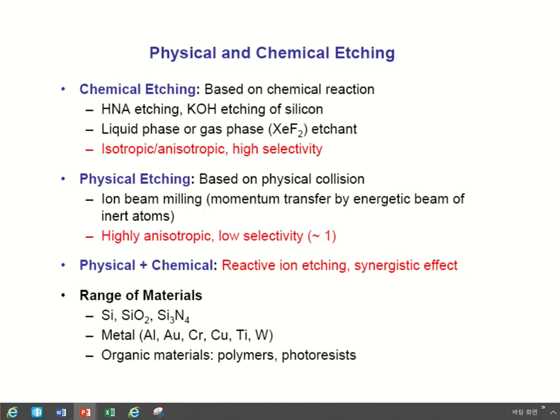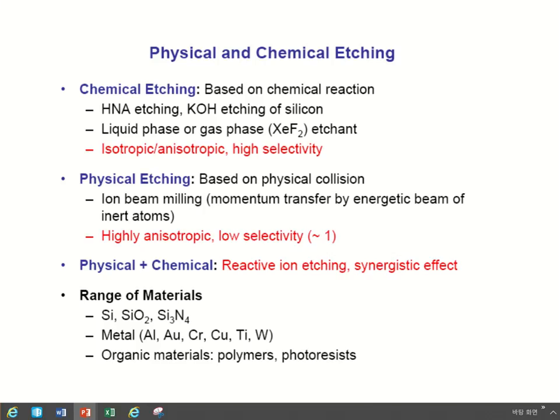Okay, and then also it has low selectivity because the nature of the way is physical, not chemical. So if you want to have a really good vertical wall during the etching, then physical etching is recommended. But make sure you have a very good mask because they are low selectivity.